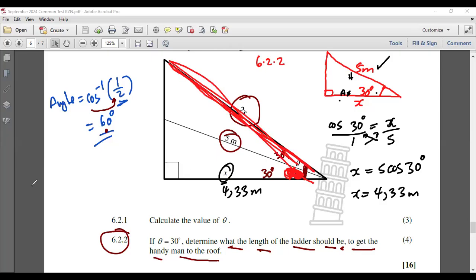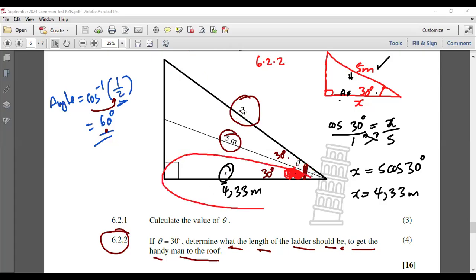We are told that the distance from the foot of the ladder to the wall can be related to the length of the new ladder, because the length of the new ladder is 2x, 2 times this. So if x is 4,33, like what we have there.